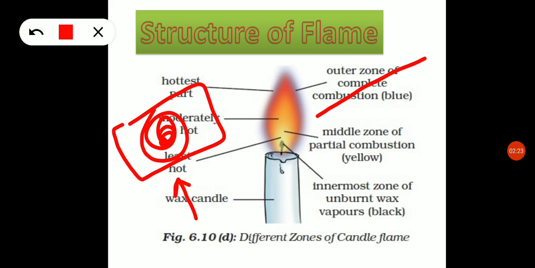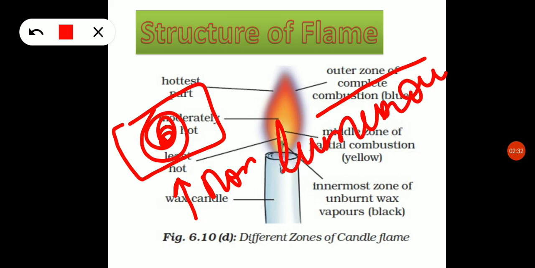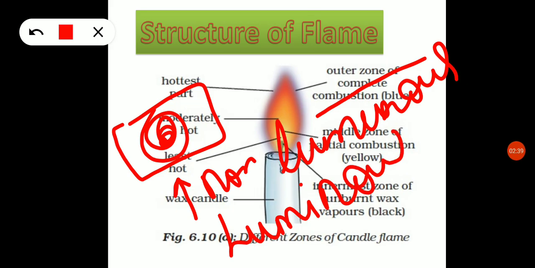So generally there are two types of flames. One is the non-luminous flame and the other is the luminous flame. Okay, so luminous flame means incomplete combustion takes place, and in the non-luminous flame complete combustion takes place.